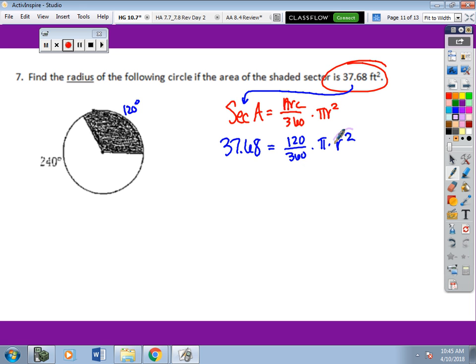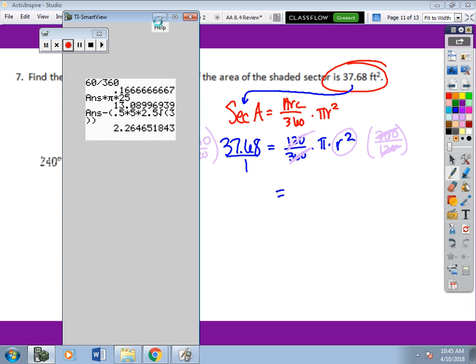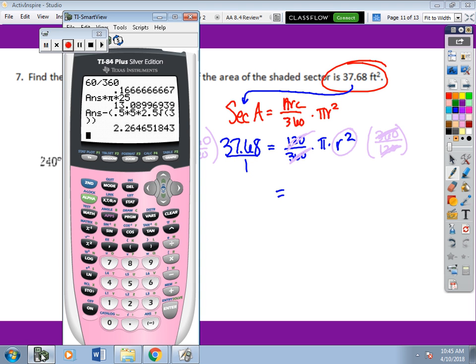So to solve for the radius, you need to undo multiplication with division. But instead of dividing by a fraction, what can we do to both sides? Multiply by the reciprocal. And I'm just going to leave the pi there for now. Okay, so on this side, I will put the 37.68 over 1, and I'll multiply, calculator's bugging.